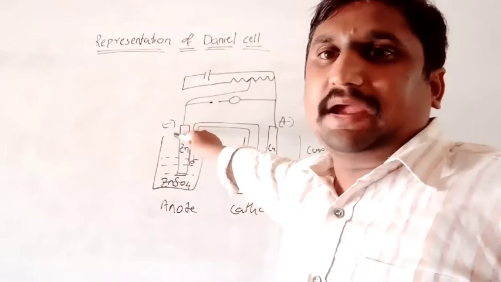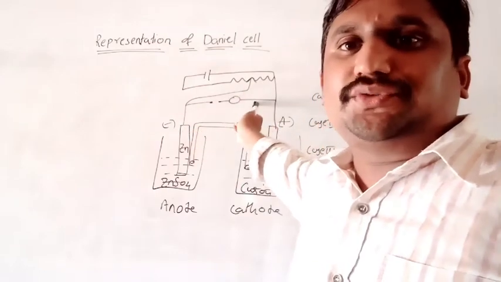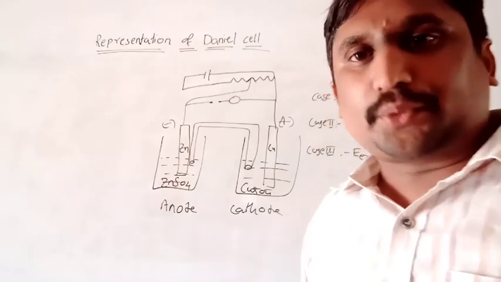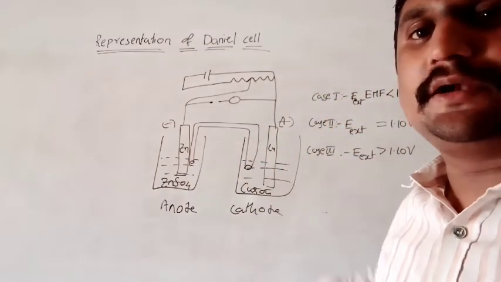Electrons flow from anode to cathode and current flows from cathode to anode, and during the process the weight of the zinc electrode decreases and the weight of the copper electrode increases.